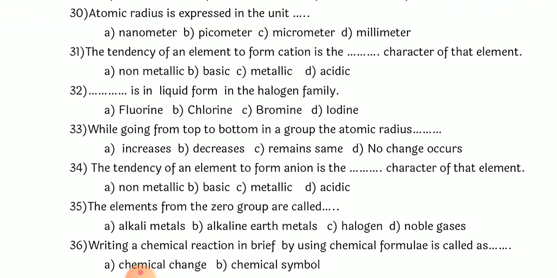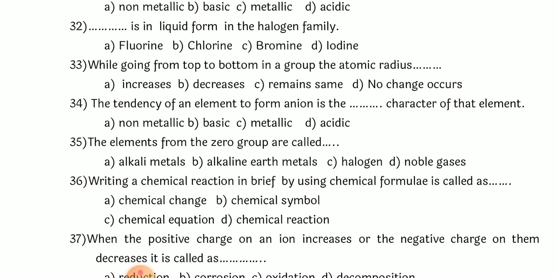While going from top to bottom in a group, what will happen to the atomic radius? It increases. The tendency of an element to form a negatively charged ion is the non-metallic character. So it is the opposite of what we have just seen.